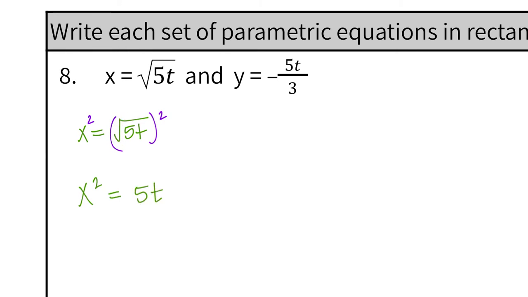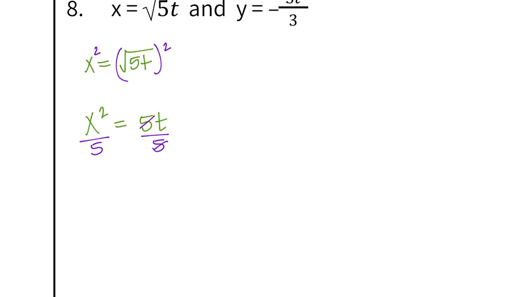The square root and the square cancel each other out. Now I want t to be by itself, so I'm going to divide both sides by 5. So that'll cancel out here, and I'm left with t equals x squared over 5.